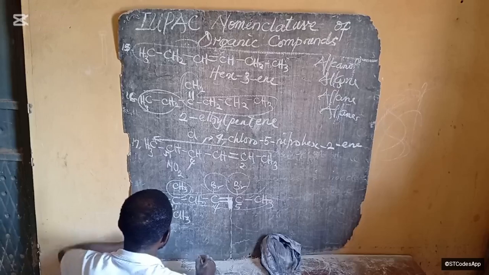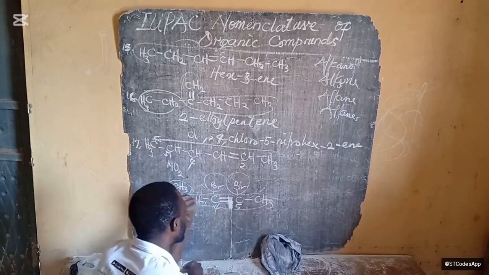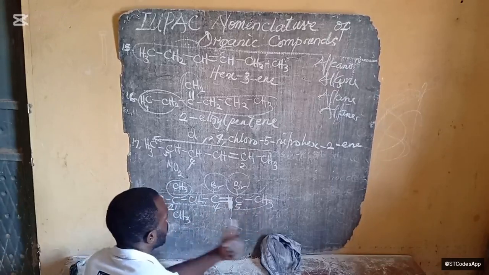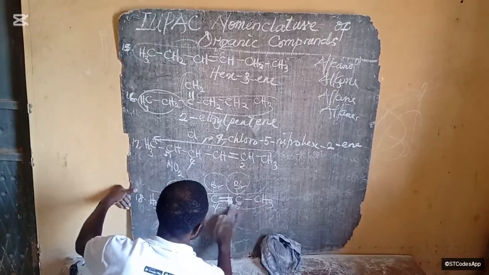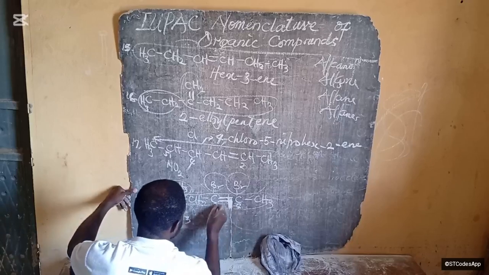Oh, sorry. There's a double bond here. So we go from here. Is that okay? We go from here, so that will be 1, 2, 3. Okay?